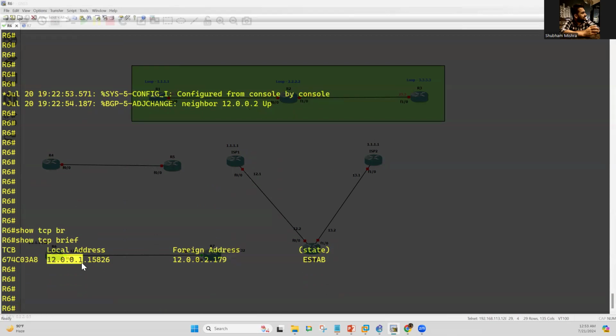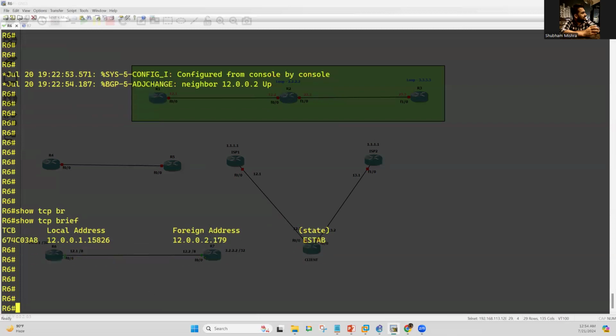The router initiating the TCP packet uses a random port number, and that is the random port number used by R6. Who is the neighbor? 12.0.0.2. And your destination device uses the BGP port number, 179. And what is the state? The state is established. It means the TCP connection is established, there is no problem. Are you getting my point, everyone?